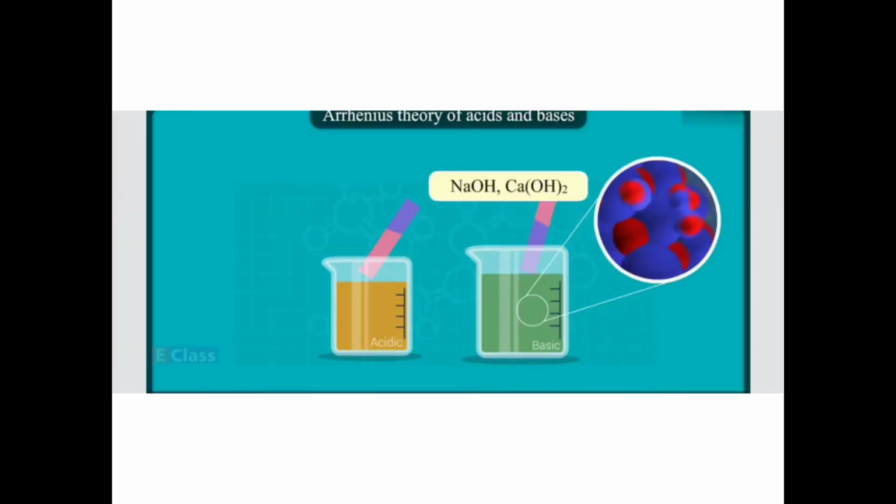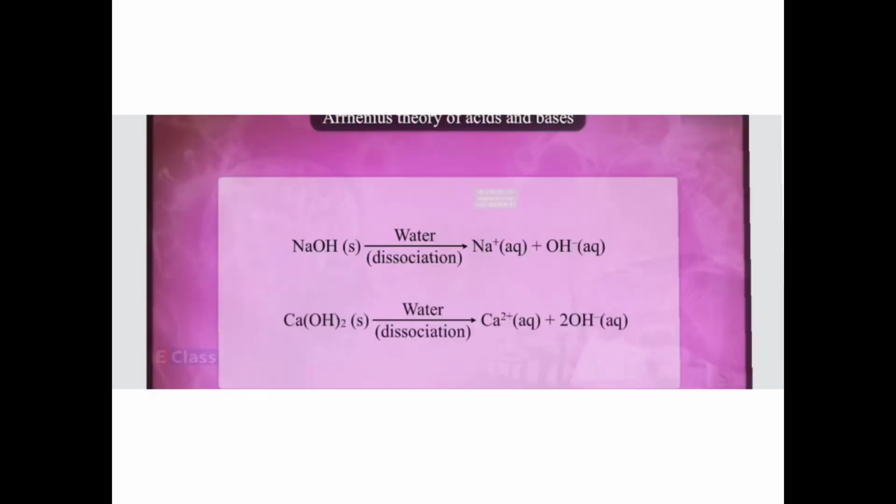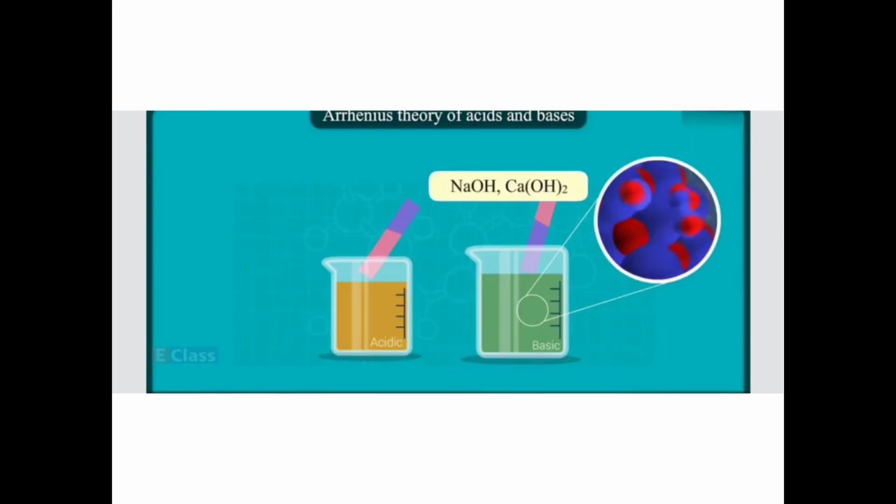The same thing applies to the bases also. Now let us come towards the base part. As we have the acid, in the same way the definition of base says a base is a substance which on dissolving in water gives rise to OH minus ion as the only anion.